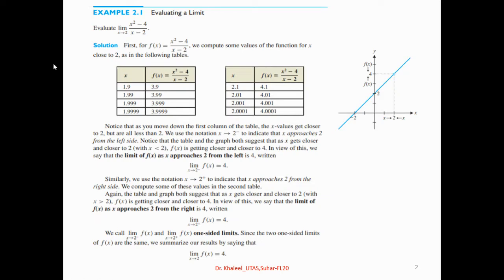So if you check the coordinate system, when I say x close to 2, this is 2. And when I go close to 2, there are two ways of approaching it. One is from the left side and another is from the right side.